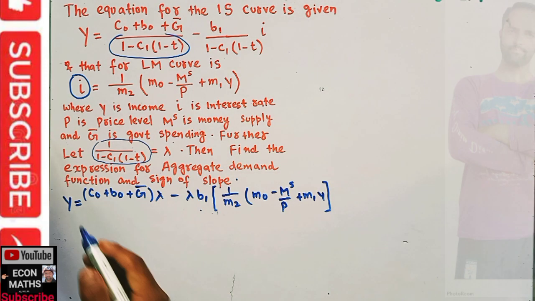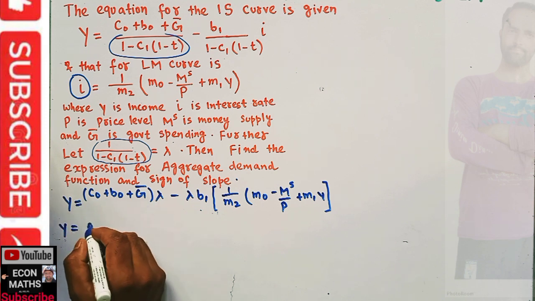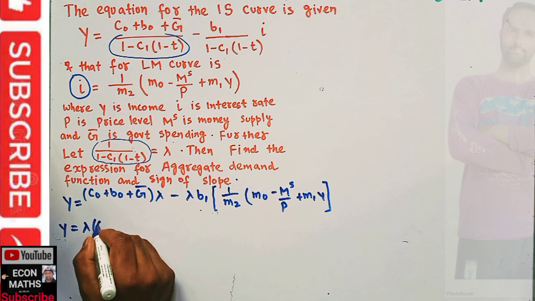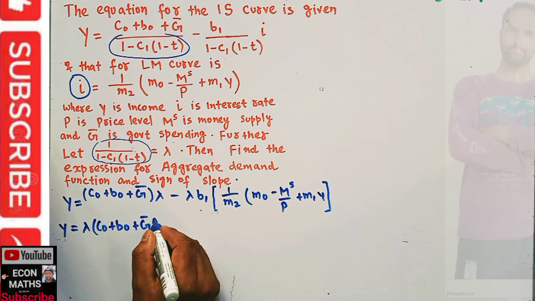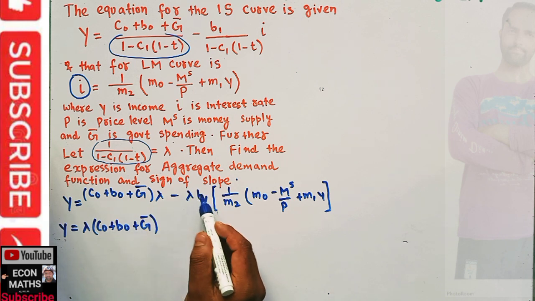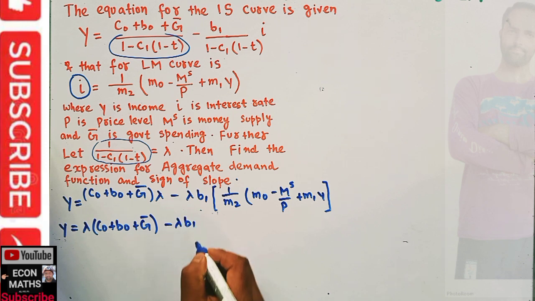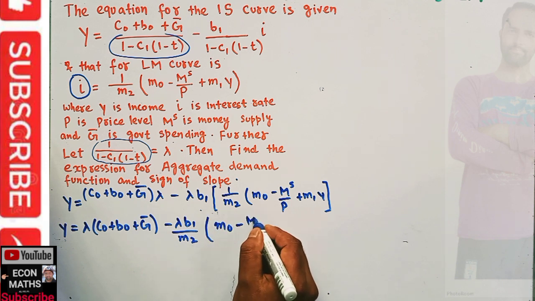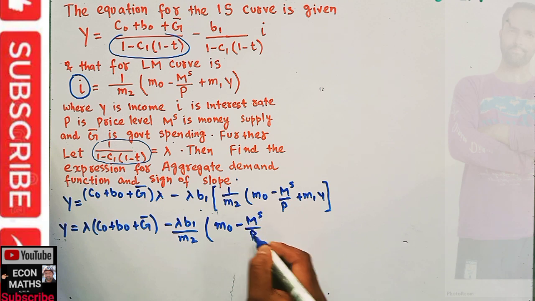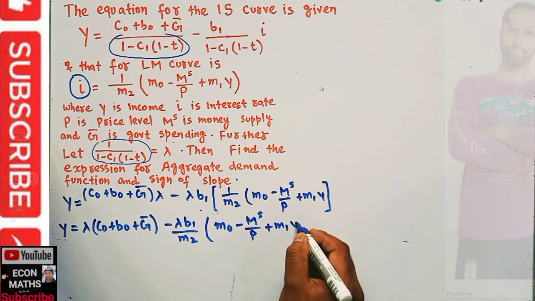Okay, let us rewrite it. We can write Y equal to, let's write this lambda on this side, lambda times (C0 plus B0 plus G bar). Let's multiply this lambda B1 to this term, so we will get minus lambda B1 upon M2 into (M0 minus MS upon P plus M1 Y).